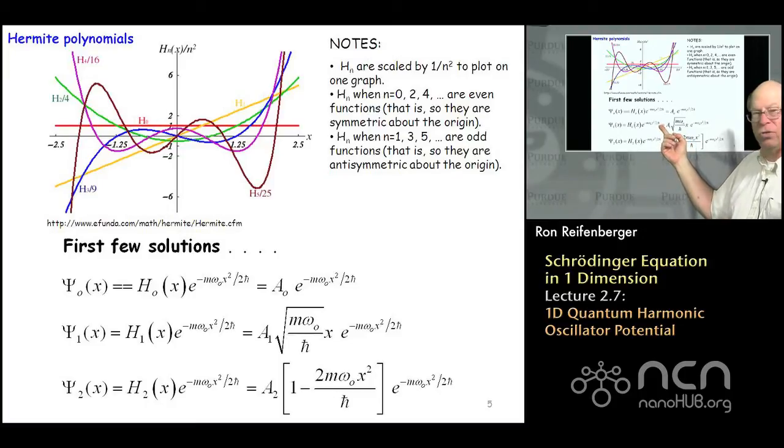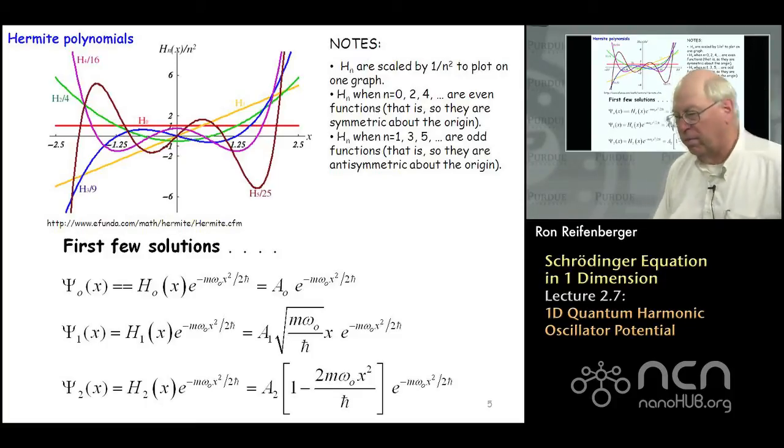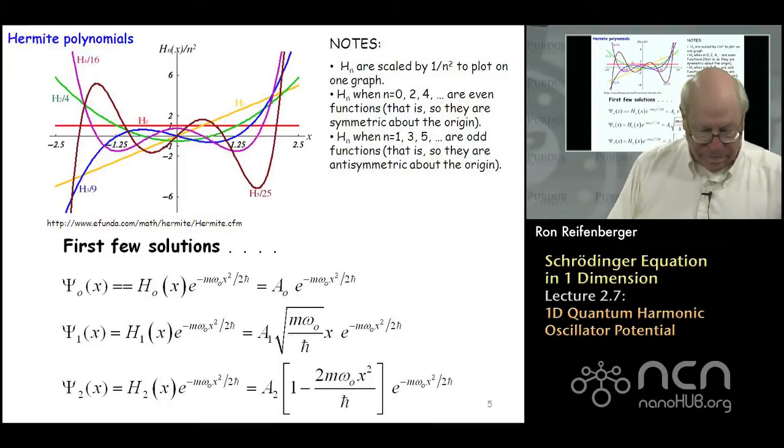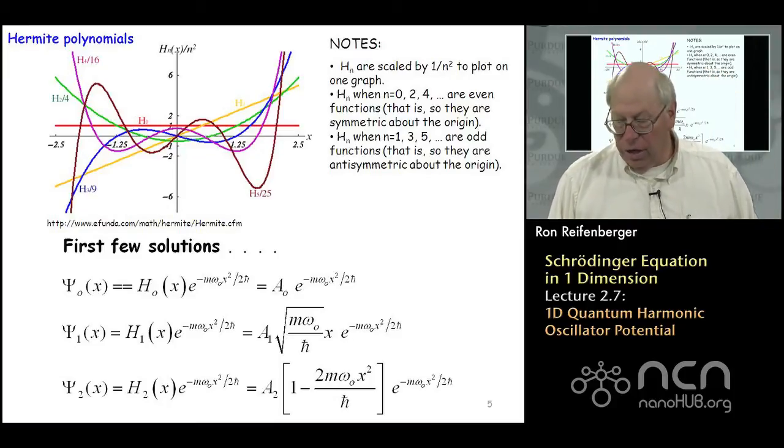The next solution allowed is when the quantum index n is equal to 1. Now the Hermite polynomial is linear in x. We still have this exponential function multiplying it. And likewise, as you go to higher quantum indexes, n equals 2 and 3, and so forth, you pick up other factors that multiply this quadratic exponential function. So those are the known solutions.